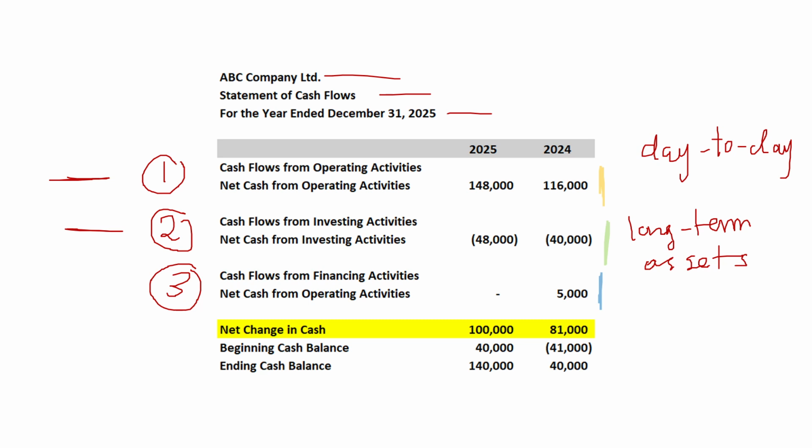And then the final subsection is financing activities. So financing activities, well, it's in the name. It has to do with financing. It's basically if the business needs money, right?